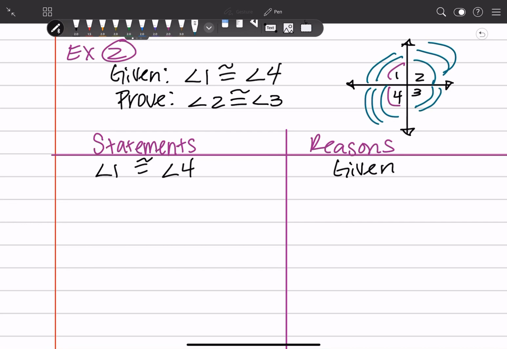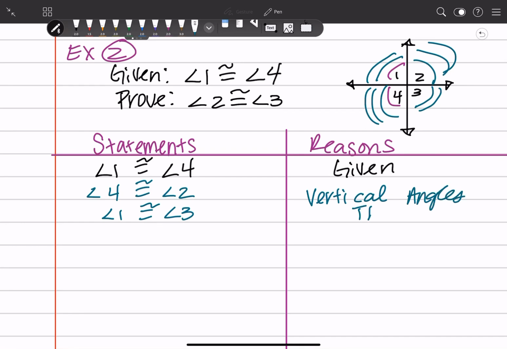So I'm going to write it in with both statements. So angle 4 is congruent to angle 2, and angle 1 is congruent to angle 3. And for both of them, it's going to be the vertical angles theorem. You can also say definition of vertical angles. It's going to be the same thing. And I'll take both. All right.